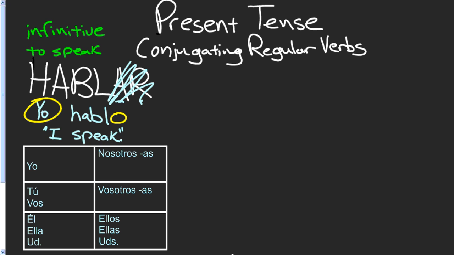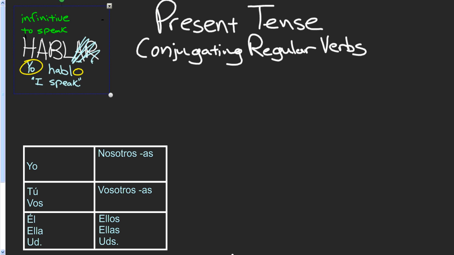Right? But we don't always want to talk about ourselves. We do want to talk about other people at times. So we need to know what the other endings are, other than just for the yo form. So I'll make a little bit more room in our table here. Okay, so let's see what these endings are for AR verbs. And by AR verbs, I mean that they end in the letters AR.